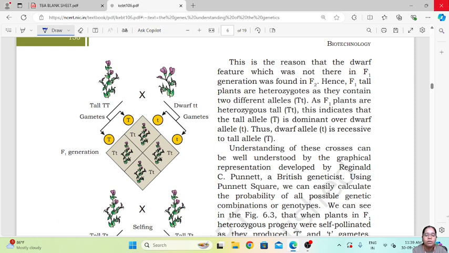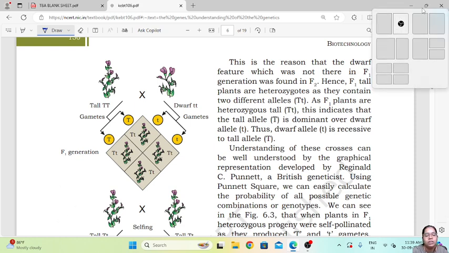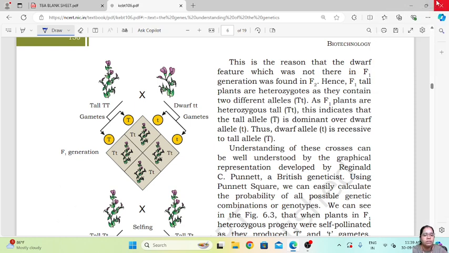Then we find the genotype and phenotype using the Punnett square, wherein the gametes are written like this and then we cross the gametes and get the F1 generation. Over here these are the tall gametes, these are the gametes for dwarfness. When you cross them, you will get heterozygous tall, that is capital T small t in all four boxes.